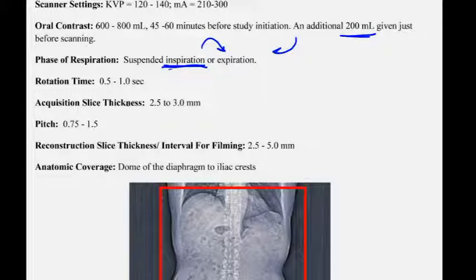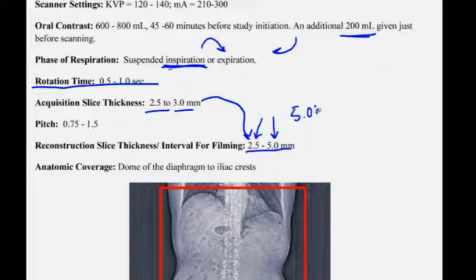Rotation time is going to be 0.5 to 1 second for one rotation of the gantry. The acquisition slice thickness is going to be 2.5 to 3 millimeters. And then if we jump down here, we're going to recon in 2.5 to 5 millimeters. So 2.5 is going to be your lowest, and 5 is going to be your highest.